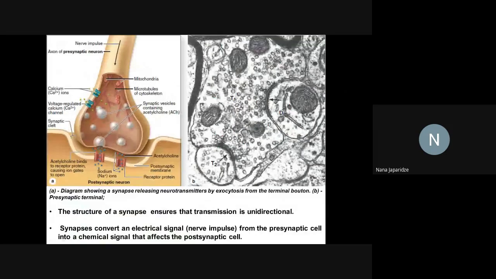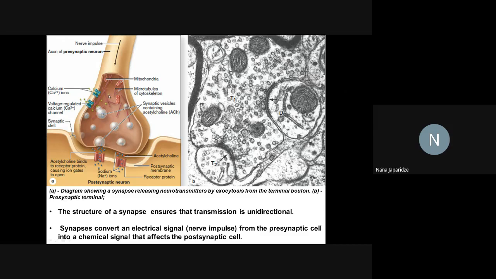Look, this is the structure of the synapse. You see here a schematic image of the presynapse, and this is the postsynapse, and you see here the vesicles, mitochondria, and microtubules too.